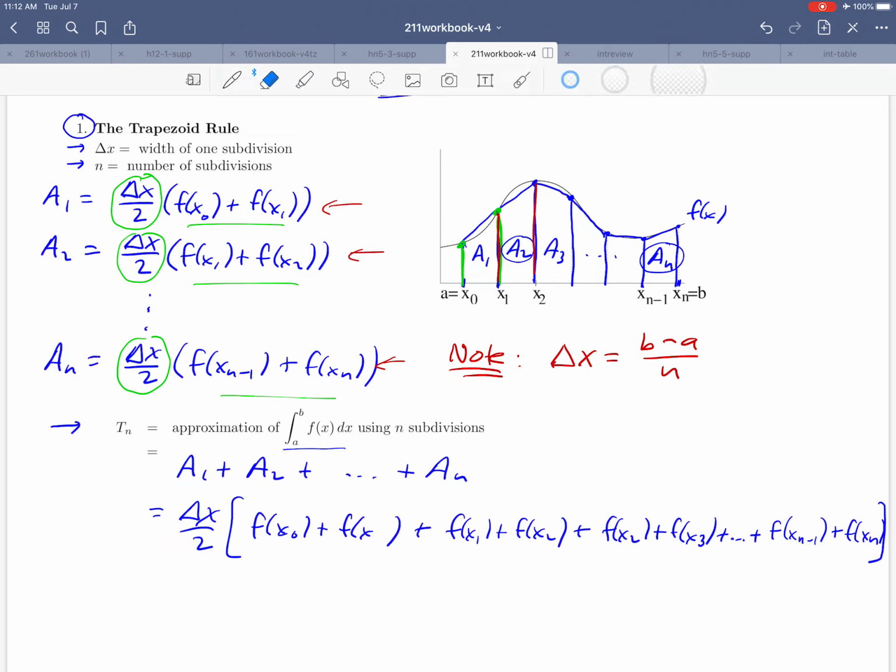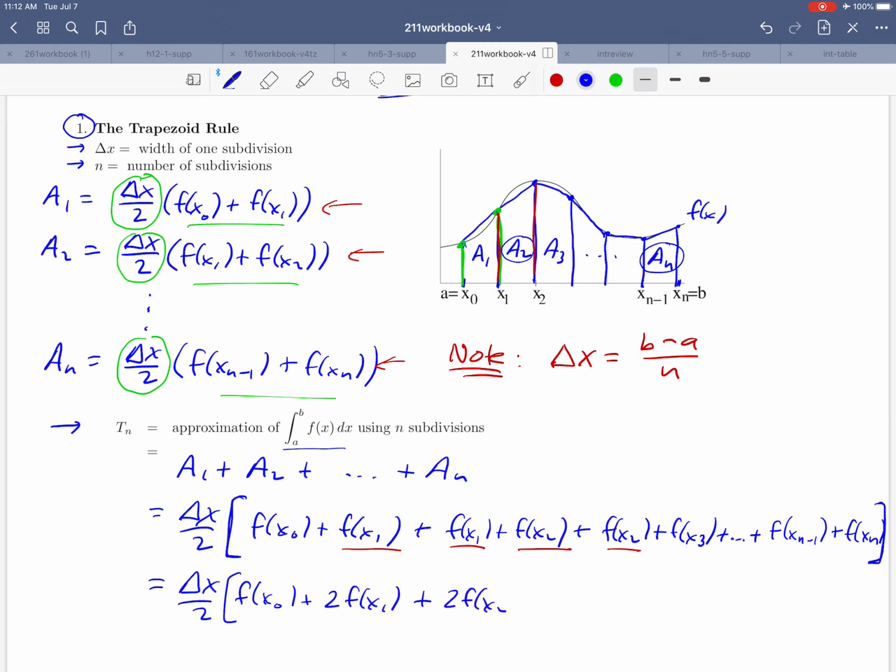And let's take a look at what we've got now. If you look inside of this big set of brackets, you might notice that there are some terms that are repeated. For example, there are two f of x1s, there are two f of x2s, and so if we rewrite all of this, it looks like delta x over 2 times f of x0 plus 2 f of x1, because there were two of those, plus 2 f of x2.